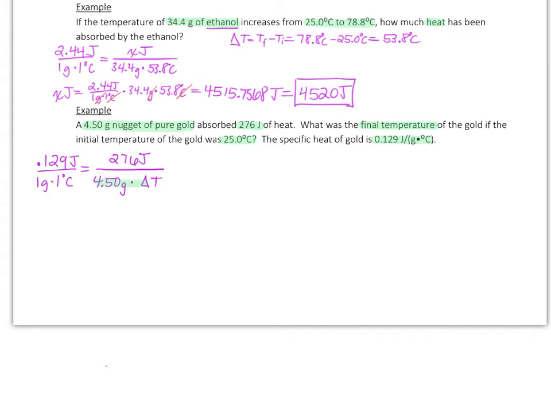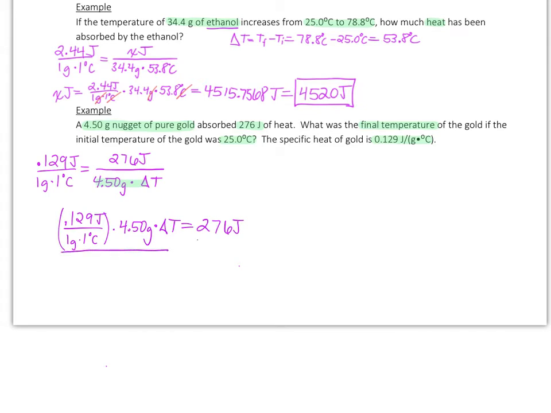So I'm going to wind up with the 0.129 joules for 1 gram times 1 degree Celsius times 4.50 grams, and delta T equals 276 joules.